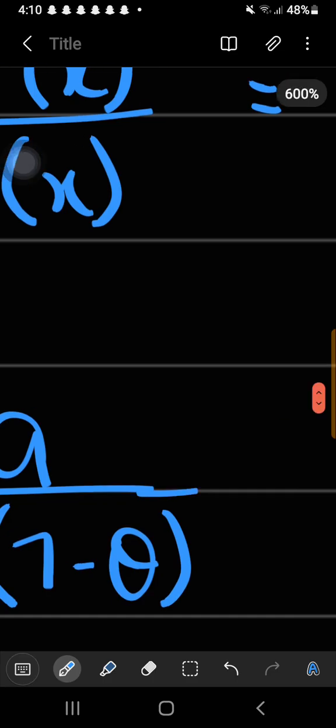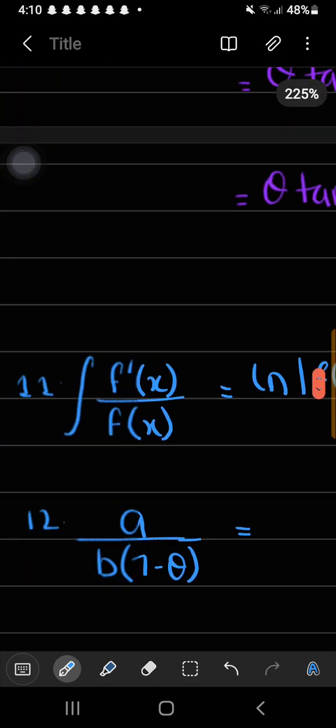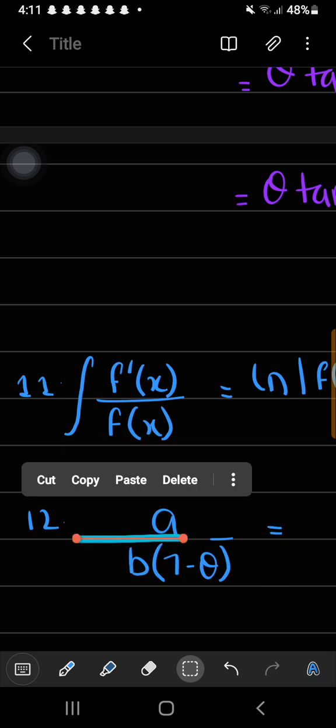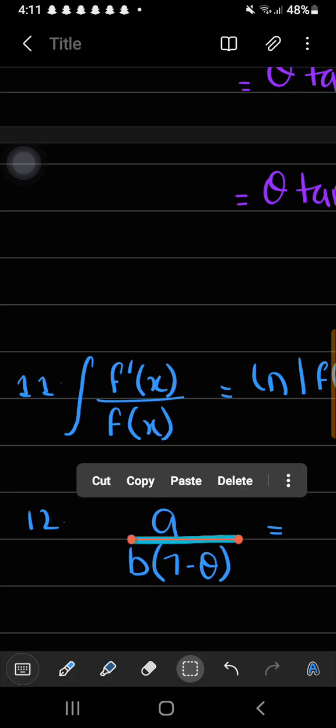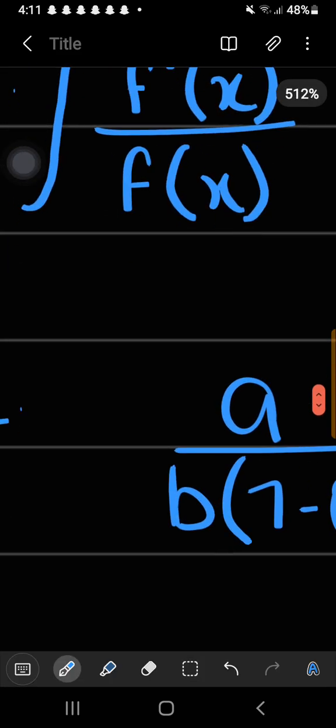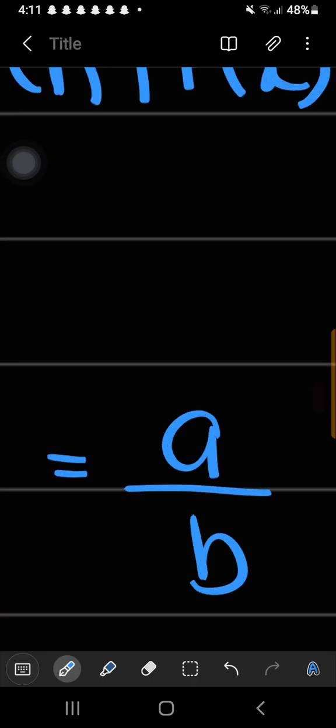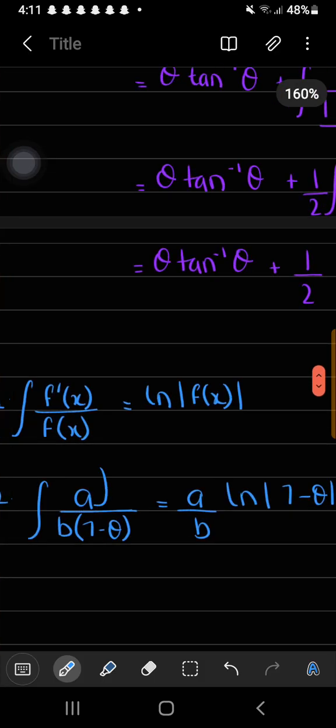I'm just giving an example. So sorry, the integral of, we are doing the integral. So its integral will be a upon b will remain the same, and there will be ln 7 minus theta, because this is a constant here, that's why.